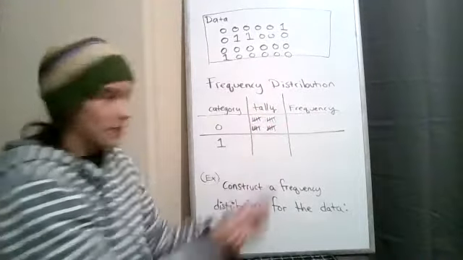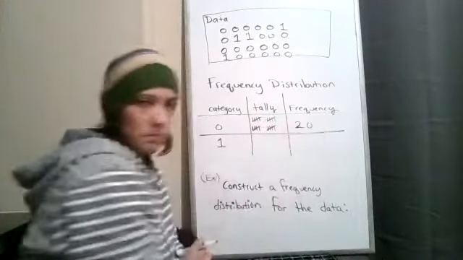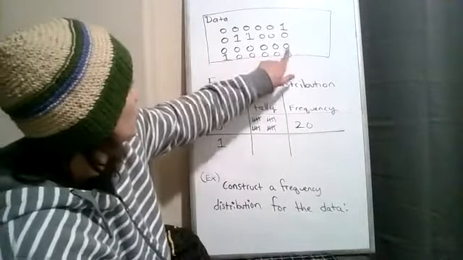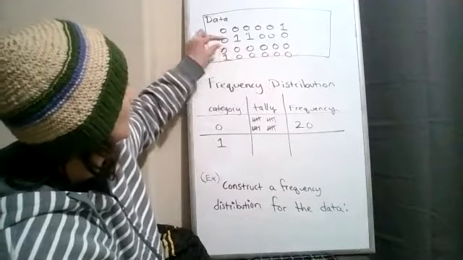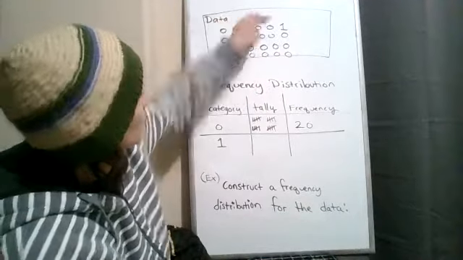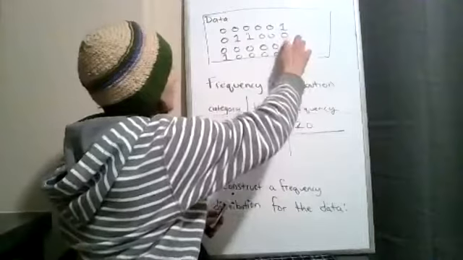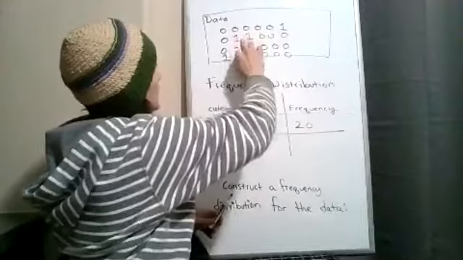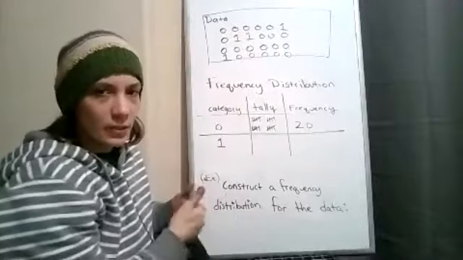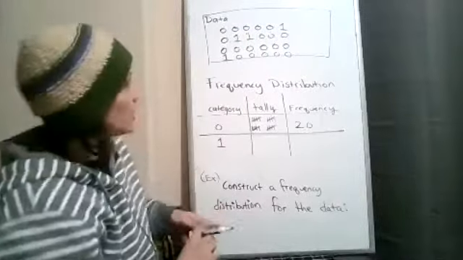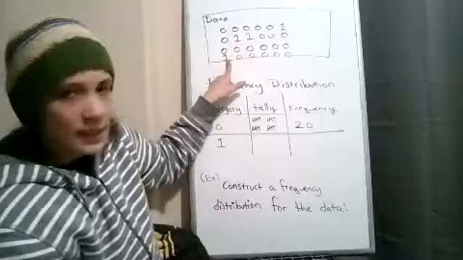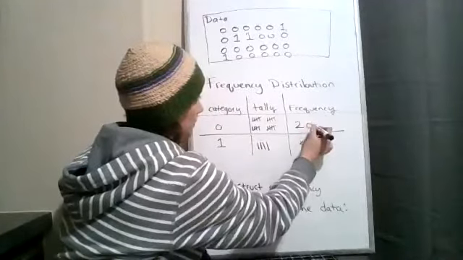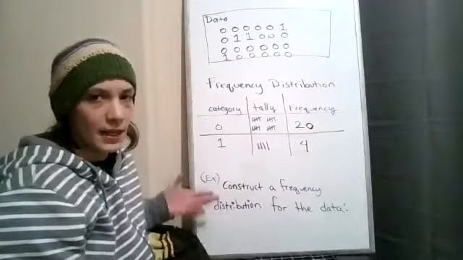So you guys get 20? Double checked it. I think we're good. Tallies for 1 should be better. There's 1, 2, 3, 4 of these guys. And that's it.